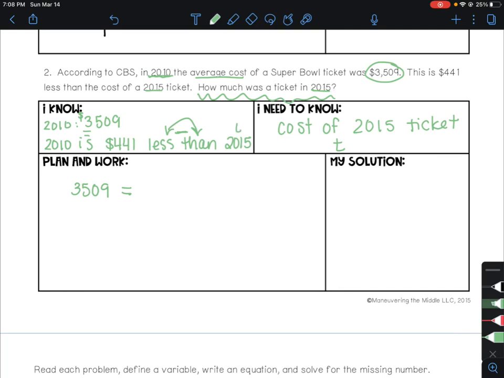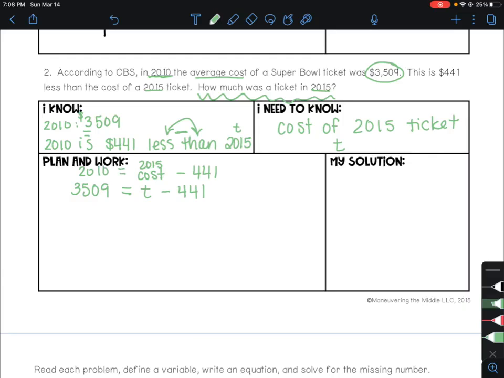We called it T. So I'm going to say 2015 cost minus 441 because we want $441 less than that 2015 cost. We called the 2015 cost T, take away 441 from it, and you'll get the 2010 cost over here.